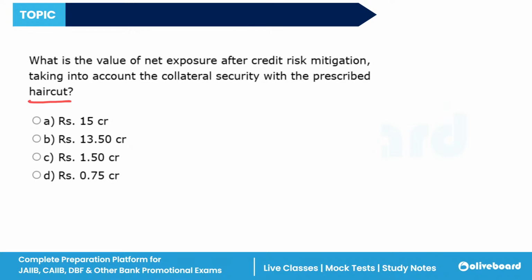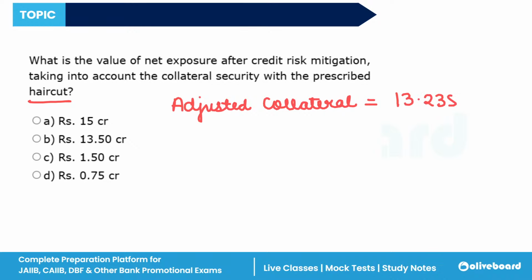See, for this, again everything is given, and we have to put the formula. We already calculated this adjusted collateral, which is equal to 13.235 crore, means 13.50 crore, right?